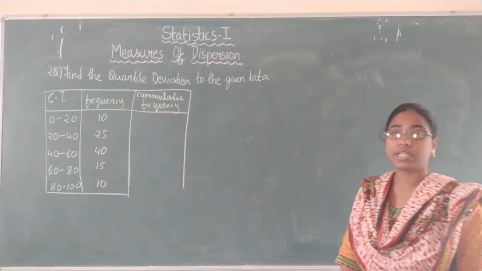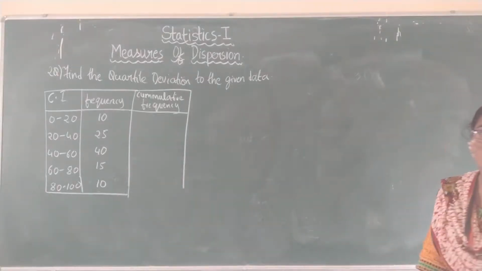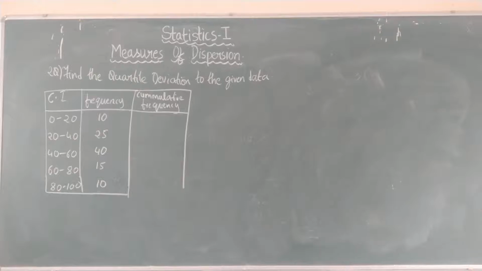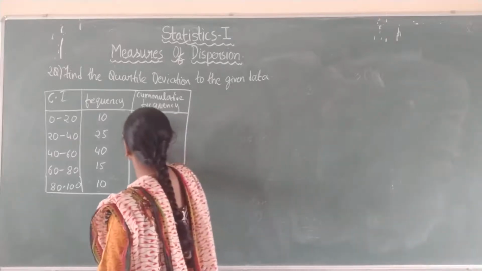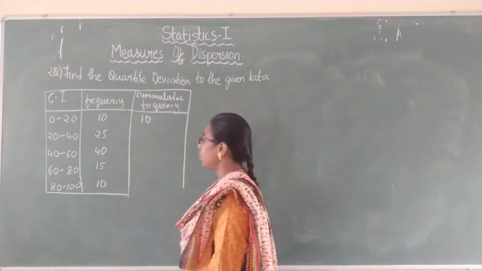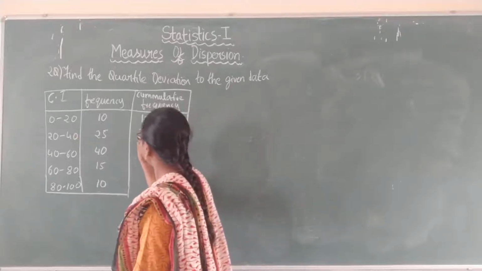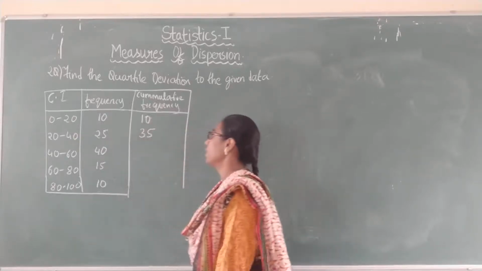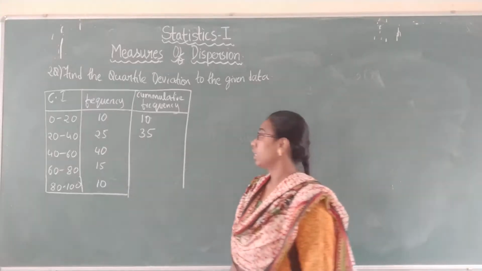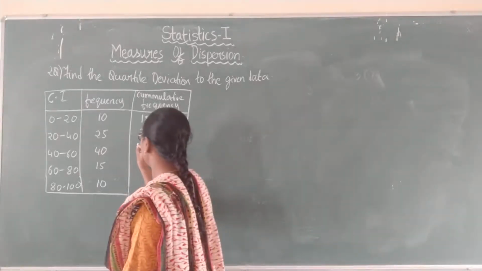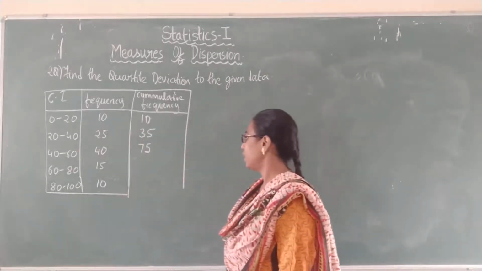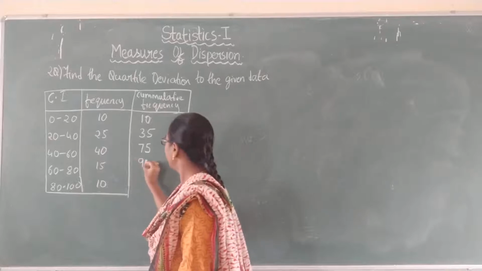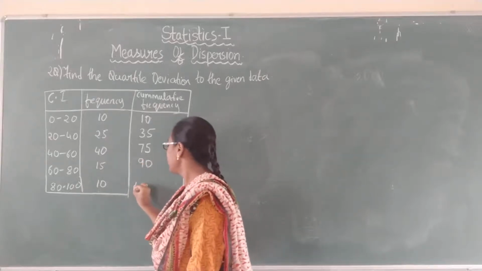The first value we write as it is, that is 10. Next 10 plus 25 is 35. Next 35 plus 40 is 75. 75 plus 15 is 90. 90 plus 10 is 100.